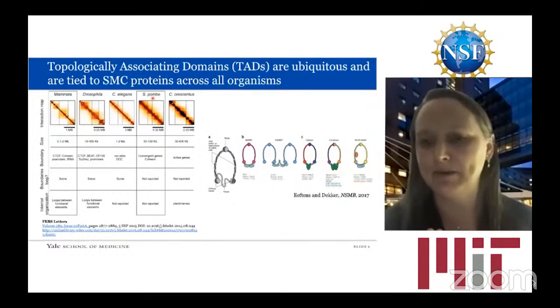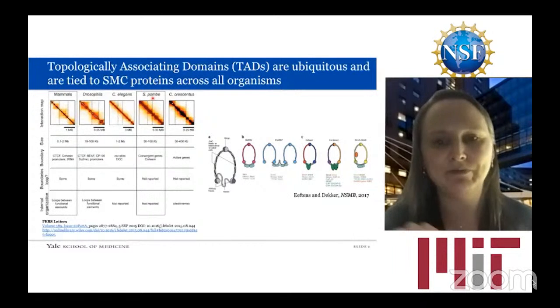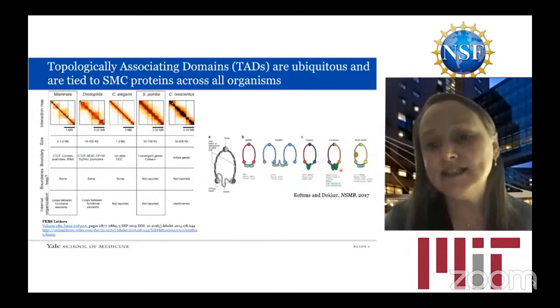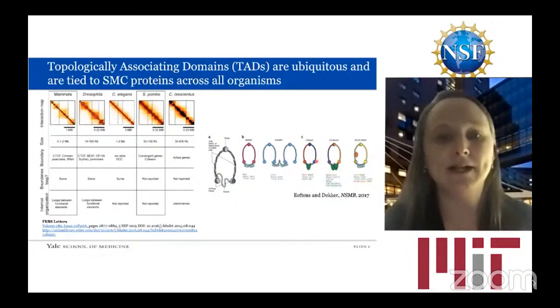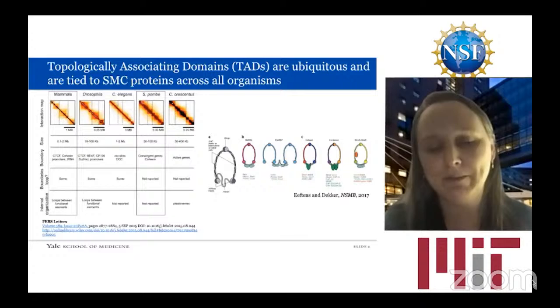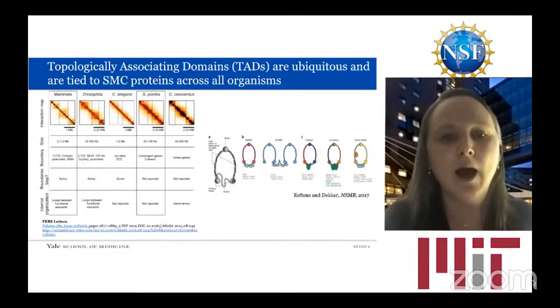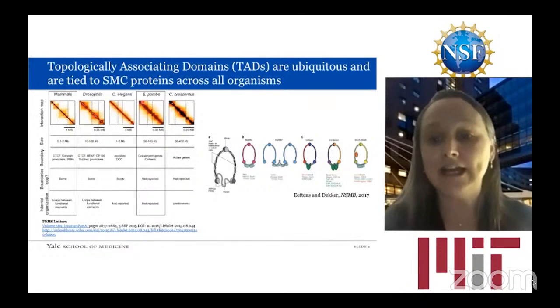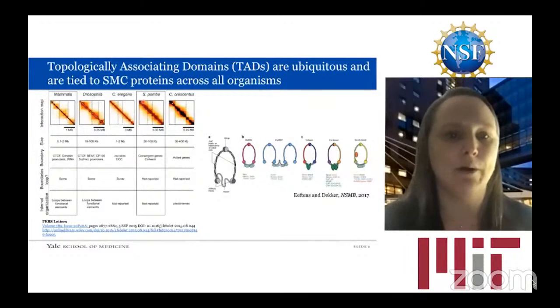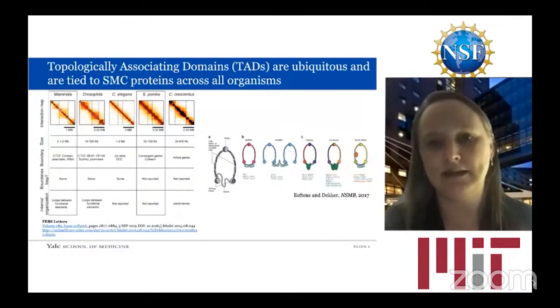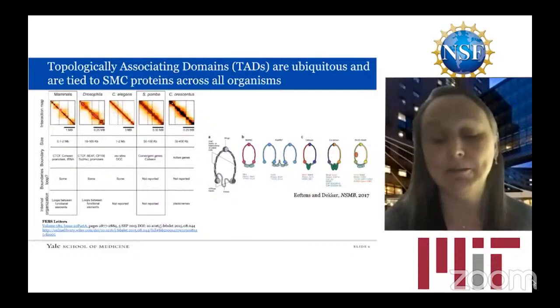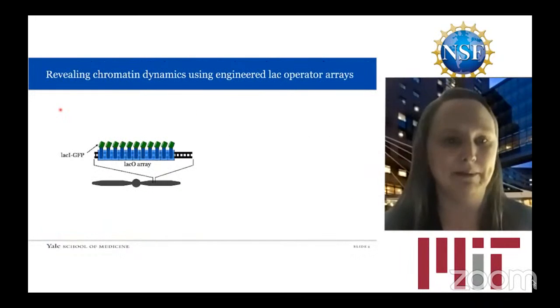Again, that'll be the data that I will be showing you. One thing that's very clear is that not only are SMC complexes like cohesin and condensin contributing to the topological domains that are observed in vivo, but there are also very interesting relationships between their occupancy in the genome and these boundary elements that are seen between topological domains, and I'll come to that in a bit.